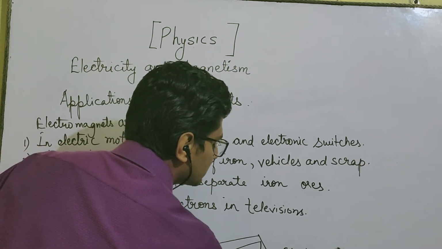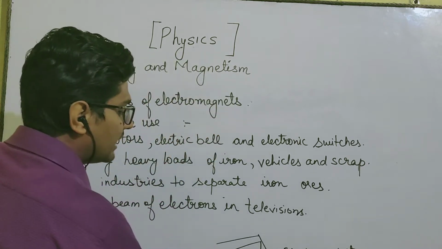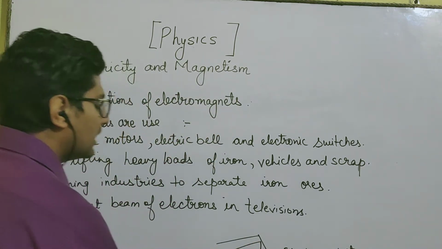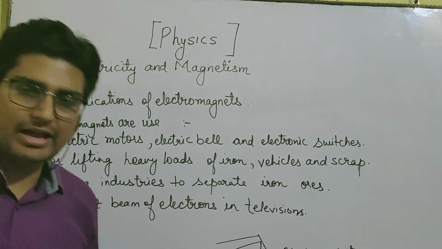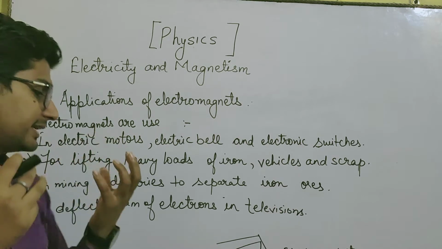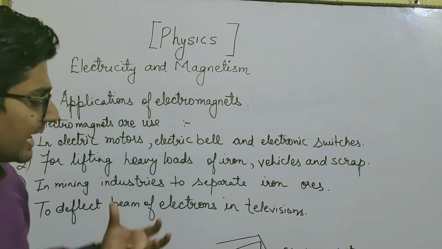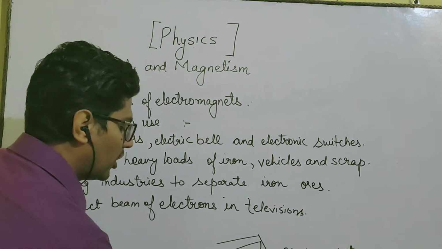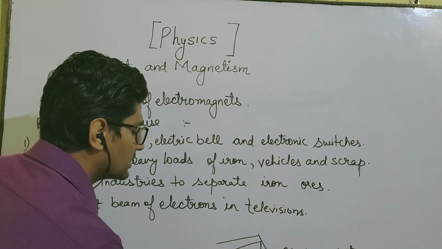Whenever this electromagnet is brought closer to this iron, and when you put on the supply of current, it will start behaving like a very strong magnet. In that situation, it is going to attract these iron pieces or iron scraps towards it.